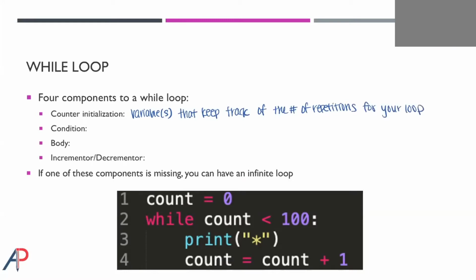For a lot of our class, we are only going to be using one variable, but you could definitely have multiple. Then we have our condition. The condition typically involves our counter initialization, and it determines if the loop should run again or not.